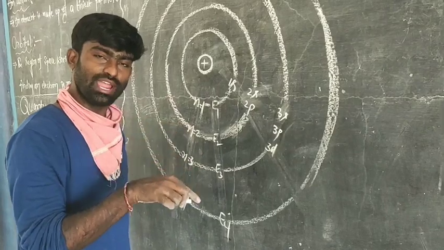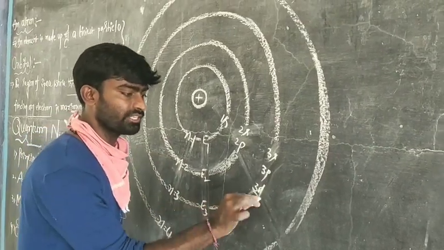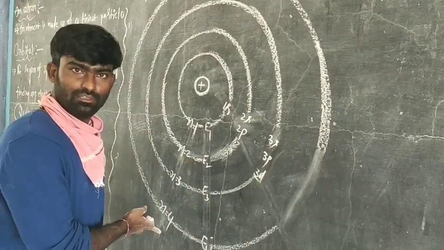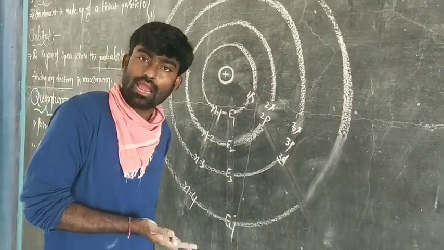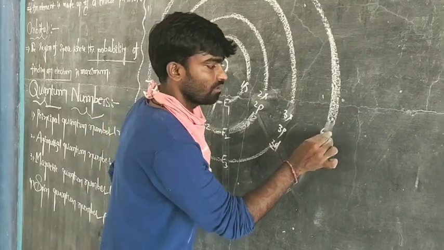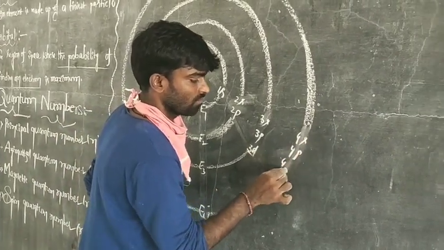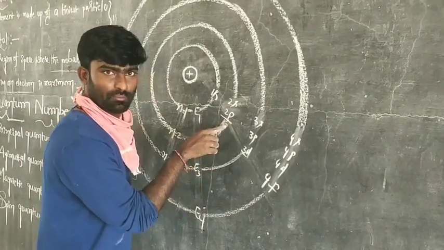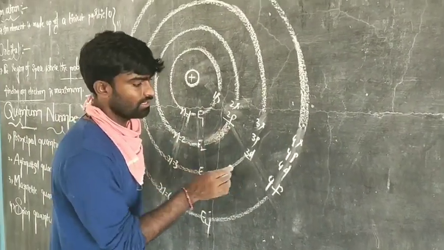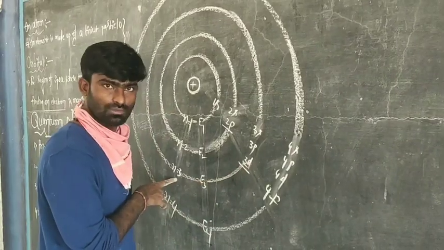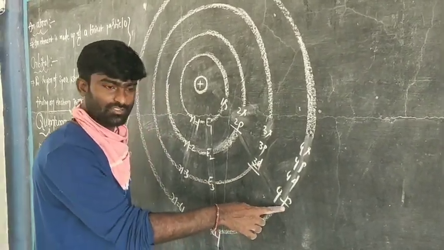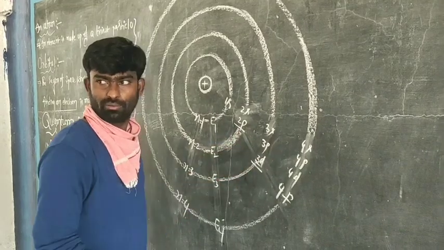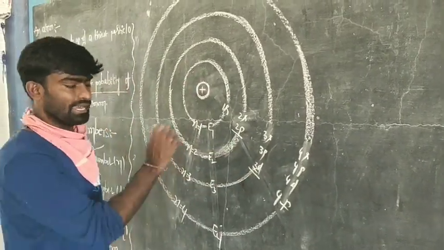So the newly joining orbital in the third orbit is 3d. Similarly, if you go for the fourth orbit, one other new orbital will be added. That is 4f. So p orbital starts from second orbit. D orbital starts from third orbit. F orbital starts from fourth orbit. So that's about the second quantum number and energy levels.